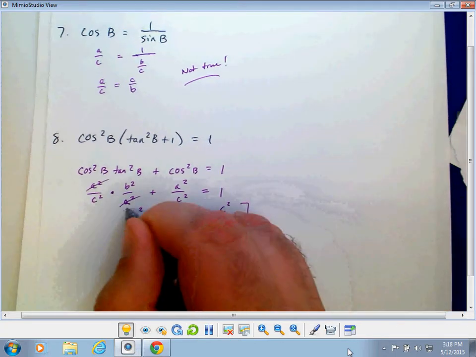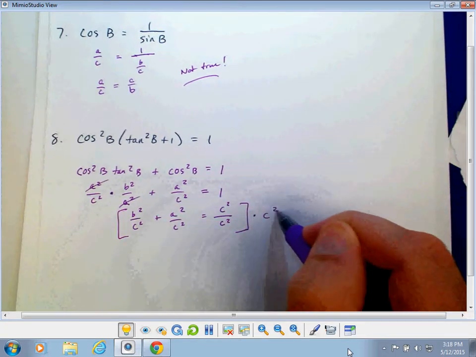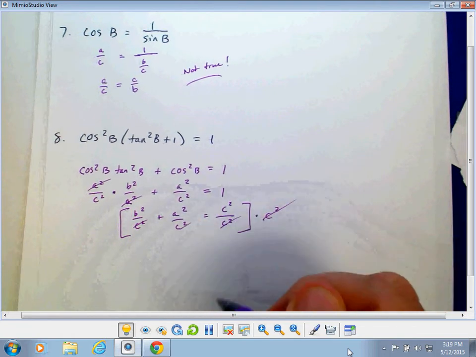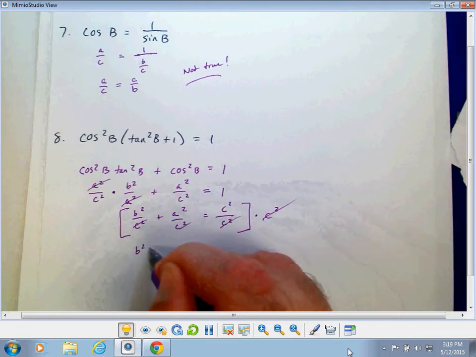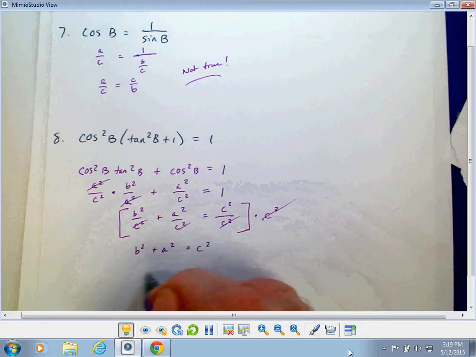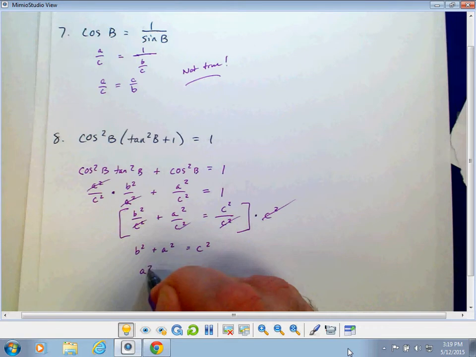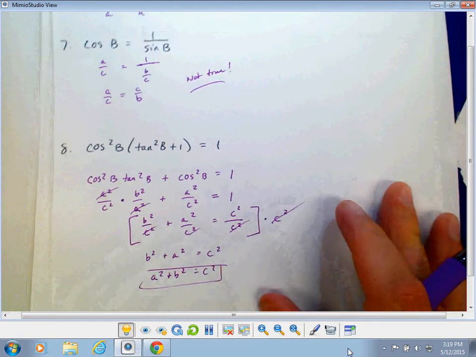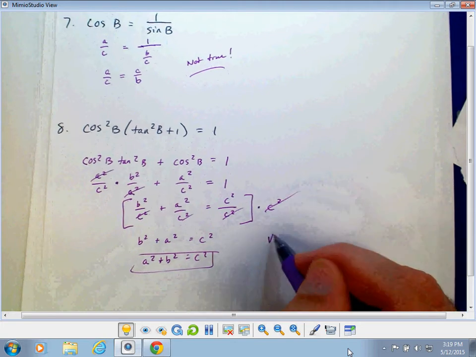And we take this, multiply the whole thing by C squared to cancel them all off, except for the one on the top, right? And we have B squared plus A squared equals C squared. If you flip them around, that is the Pythagorean theorem again, which means that this is true.